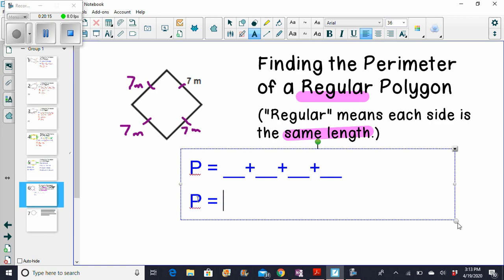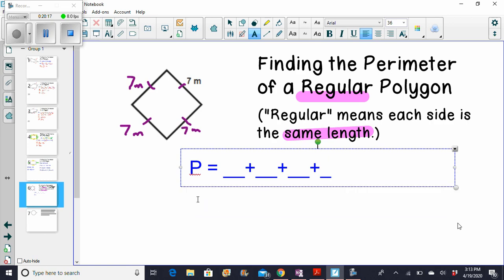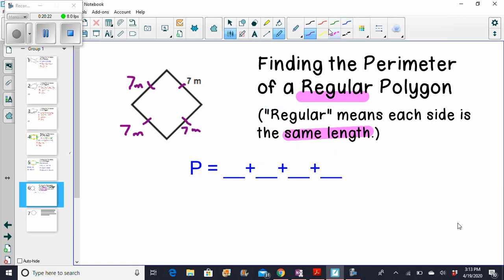In fact, I'm going to go back here for a second. I'll fill in my 7s. If I have repeated addition, and mind you, this only is going to work if you have a regular polygon, if you have the same number repeated for all of your add-ins, then you may as well just multiply. Instead of adding 7 plus 7 plus 7 plus 7, why not just say 7 times 4?